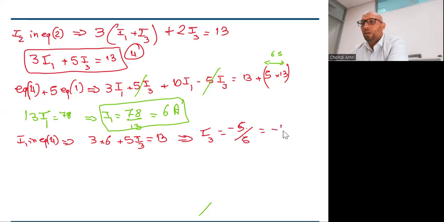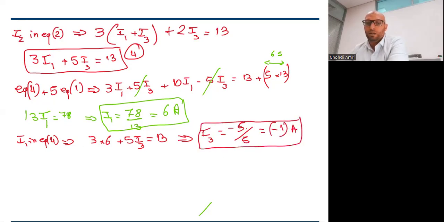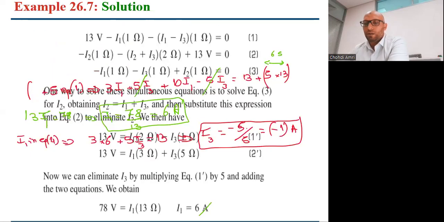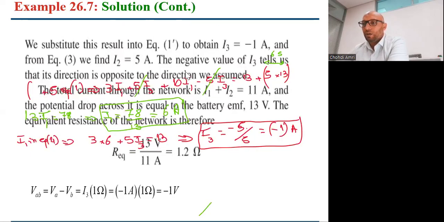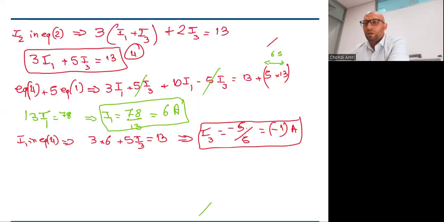So it's minus 1 ampere. Is it correct? Yes, I3 equals minus 1. And what about I2, which equals I1 plus I3? I1 is 6, minus 1, it's 5 amperes. And like that, we are done.